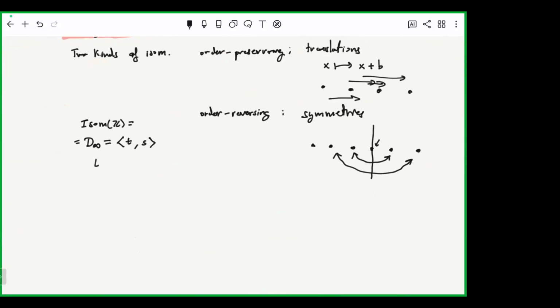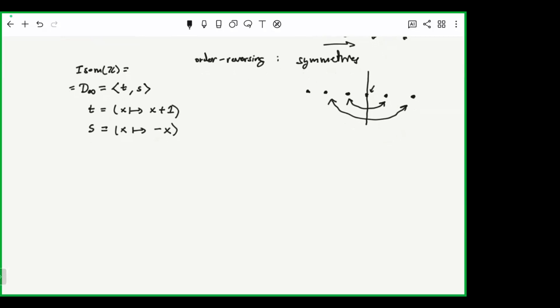Here T is the map that sends every point to the next one, and S is any symmetry. Whatever symmetry you want, you can take. For simplicity, I will take the symmetry based at 0. These are two generators of the group.